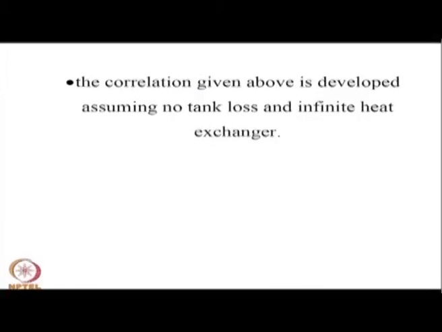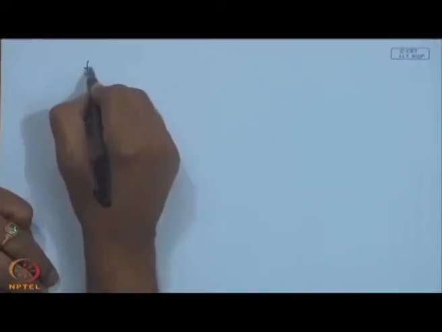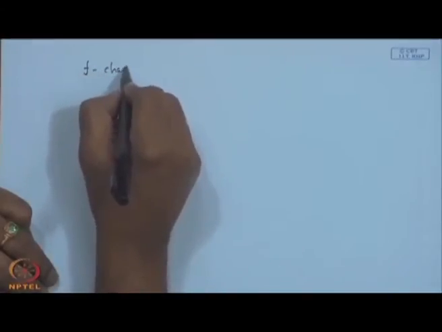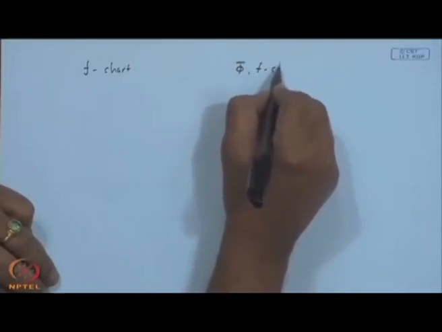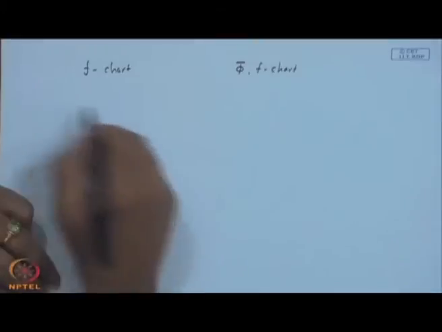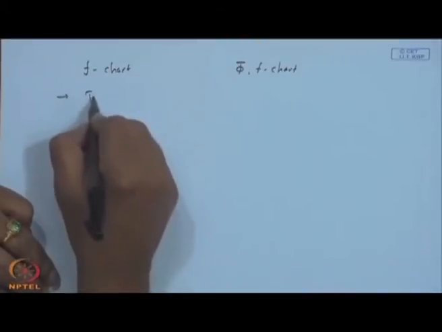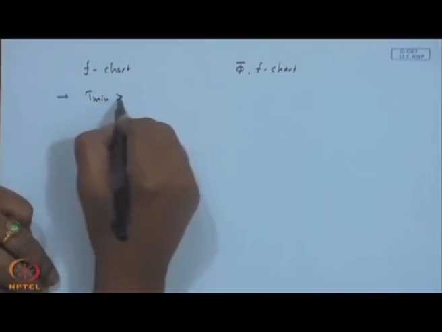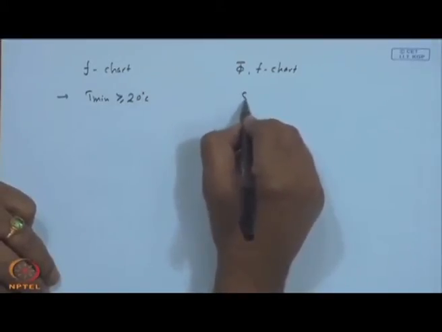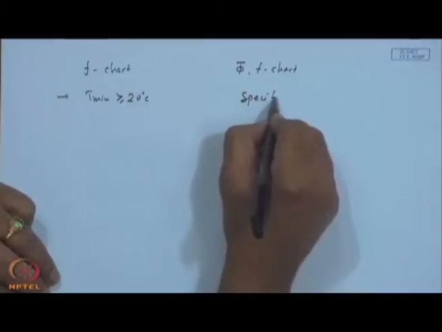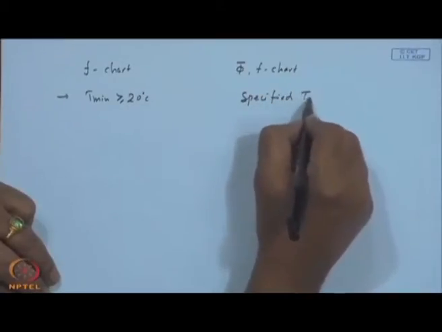In final, what we need to see is F chart and phi bar F chart. This is T minimum 20 degrees C, here specified T minimum.